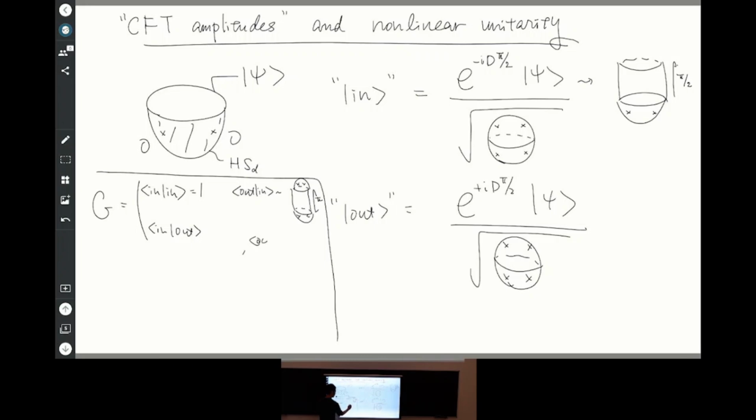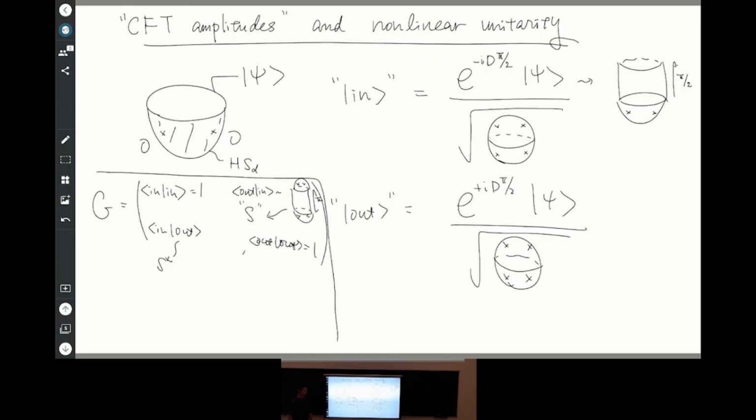And here sits out and out, which is also 1. Then I'm going to call this object, which is just some kinematical limit of the four-point function, some kind of S matrix. If I denote this by S, then this should be S dagger because it's a complex conjugate.